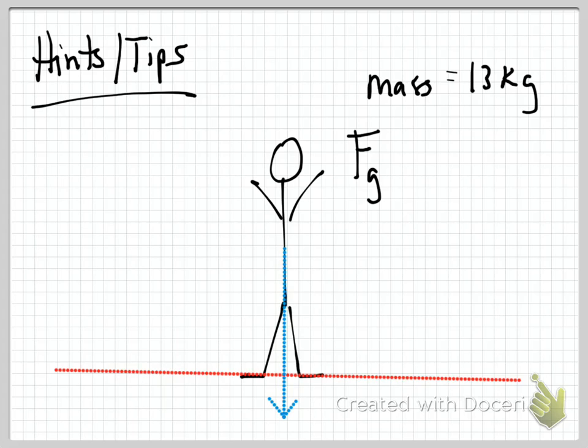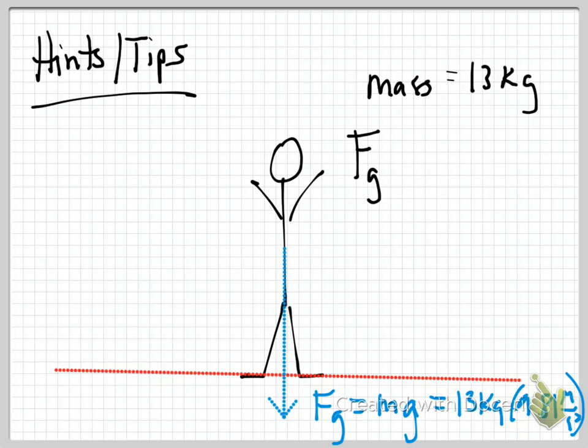If we do the force of gravity on them, it would be equal to their mass times acceleration due to gravity, or times g. And that would equal 13 kilograms times negative 9.81 meters per second squared.